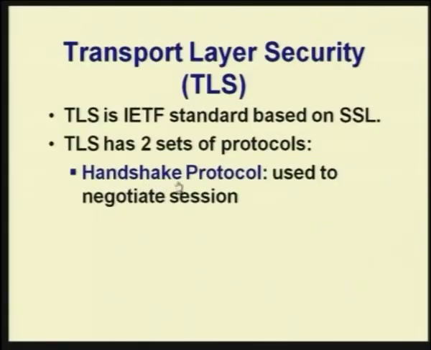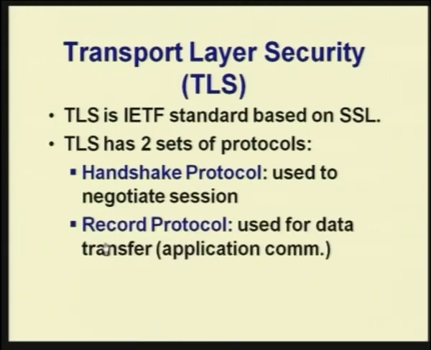So, it has a handshake protocol which is used to negotiate a session, and then it has a record protocol which is used for data transfer, that is for the application communication. So, you first need to have a handshake session followed by the record protocol. For the handshake, that is when you need to negotiate the various parameters that are associated with the security, we use the handshake protocol. Once the session is established, then the record protocol is used for the actual data transfer.